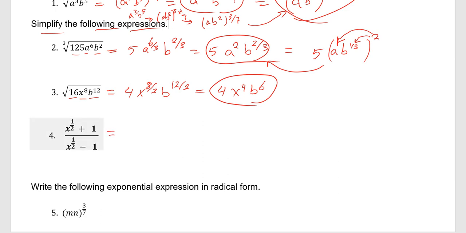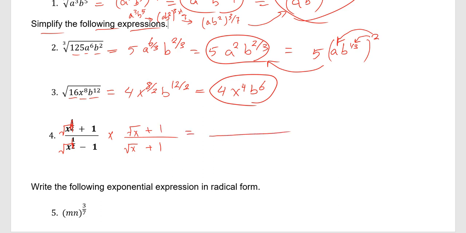X to the power 1/2 plus 1 divided by x to the power 1/2 minus 1. Here we can multiply by the complex conjugate. X to the power 1/2 is essentially the square root, so we can just multiply by the square root of x plus 1 over the square root of x plus 1.